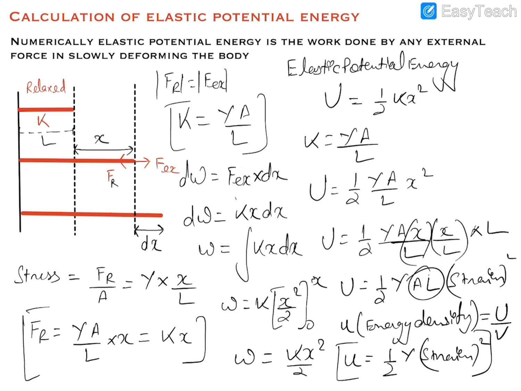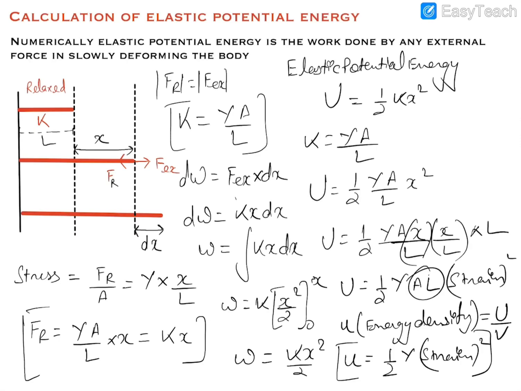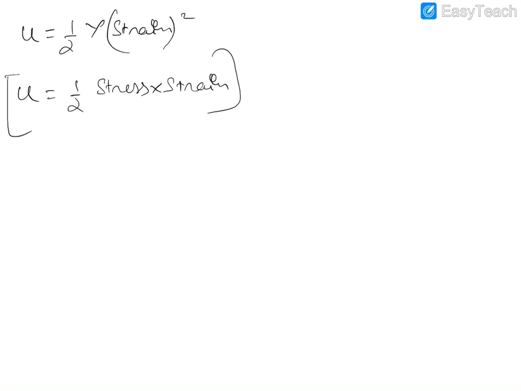Now let us move on to another form of this formula. First of all, let us write down this form: half gamma into strain square. Now we know that gamma into strain is also equal to stress, so it is also half stress into strain. So this is an important formula.